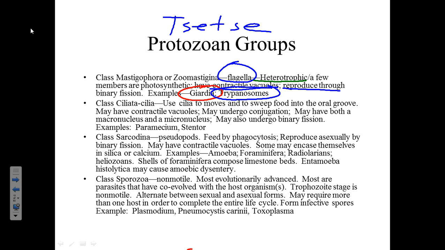And guess where they go once they get in? They go to your brain. And they cause what's called African sleeping sickness, which essentially means you go into what? You go into a coma that you may or may not ever wake up from. Scary stuff. I'll show you pictures of, I think I got pictures of both of these that I'll show you in just a minute.